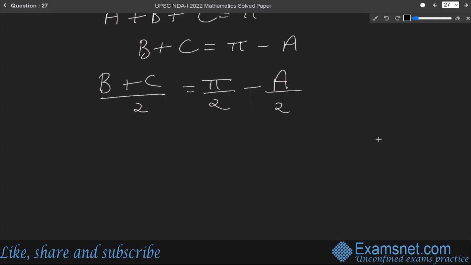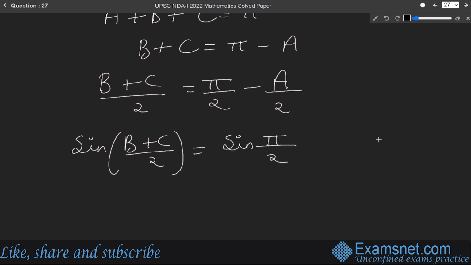Now, if we put sine on both the sides, we get sin (B plus C) by 2 is equal to sin (pi by 2 minus A by 2).